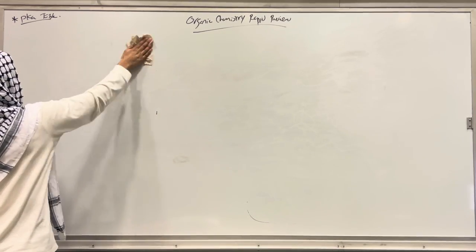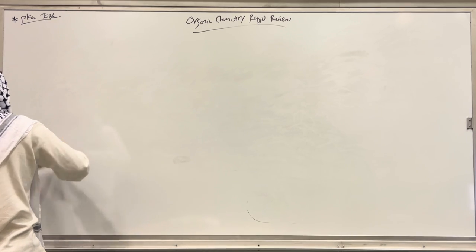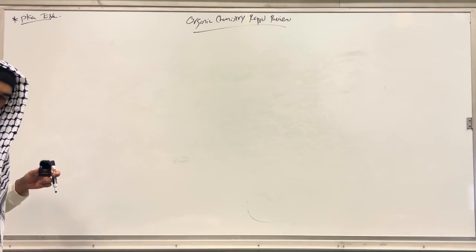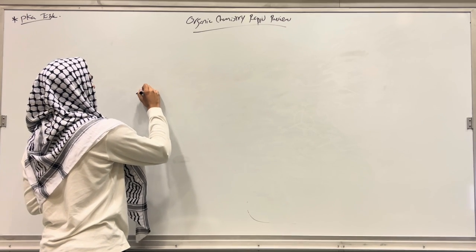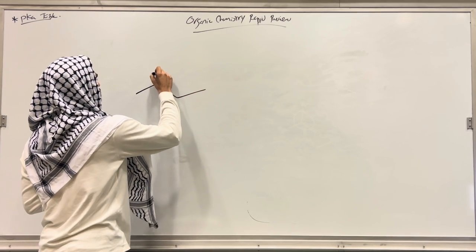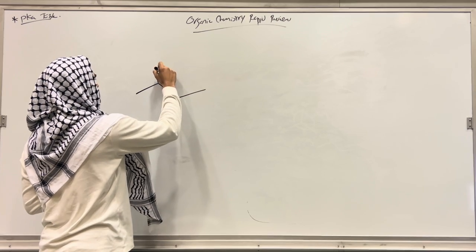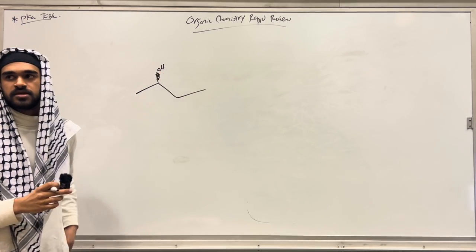Now here's an interesting question. Oftentimes on the MCAT, they'll give you these little compounds. Let's stick with R-2-butanol.